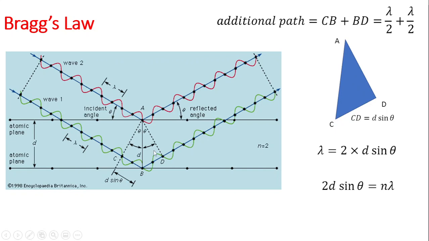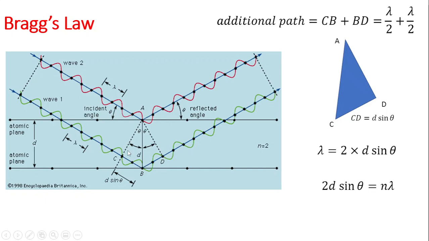Looking at this geometry from a theoretical point of view, when the two rays of light interact with consecutive planes, they form this geometry where there are two right angles. Mathematically, the distance CB and BD is the additional path length that is traversed by the green wave compared to the red wave.